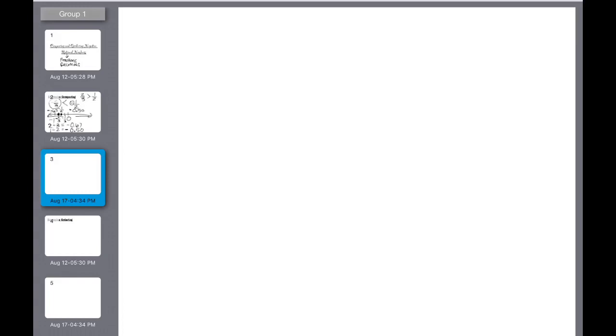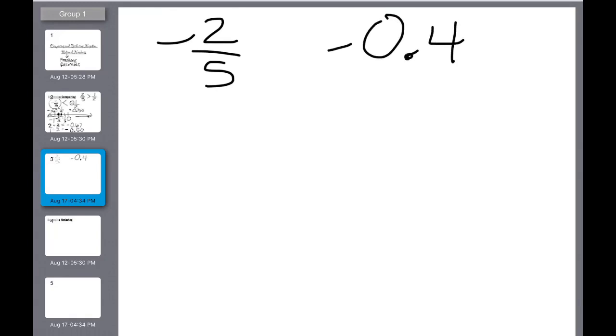So your second example for comparing rational numbers is negative 2/5 compared to negative 4/10. And so for this one, again, we have two negatives, but one is a fraction and one is a decimal.